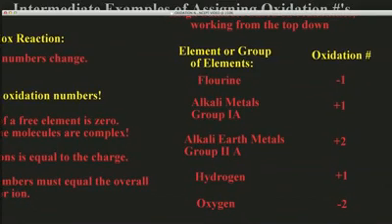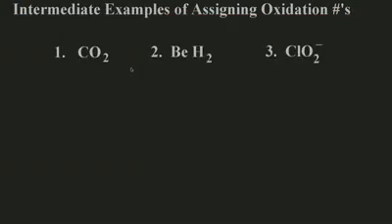Okay. So if I'm looking at CO2, which was the first example, there's no fluorine, no alkali metals, no alkaline earth, but oxygen is present. So we put a -2 for oxygen, and we know that we have two of them. So times 2 is a -4.